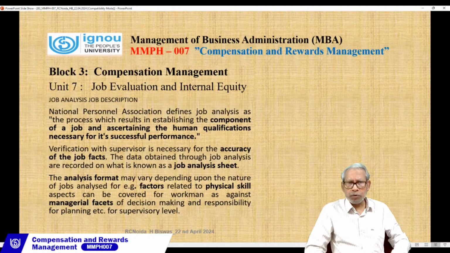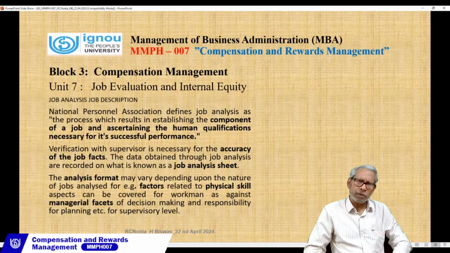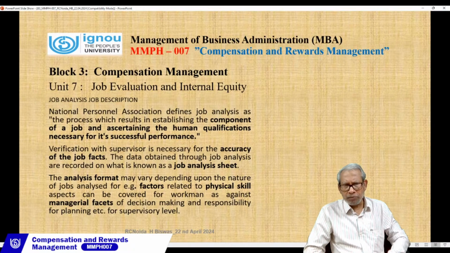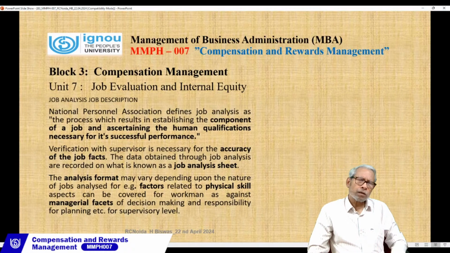And time to time, what type of decisions he has taken, whether responsibility has been fulfilled, planning, especially for the supervisor and manager levels. So there may be two or three formats, not just one. For workers' purposes and job evaluation, there may be different types. For highly hardcore technical jobs, a different type of format will be there, because the data will change. So the same format may not be applicable.